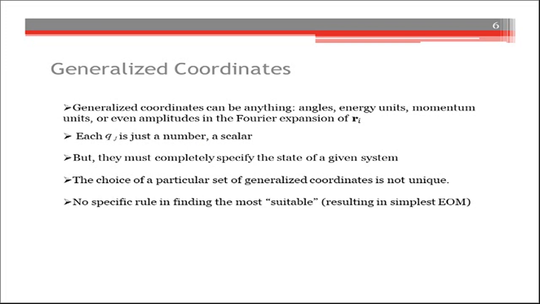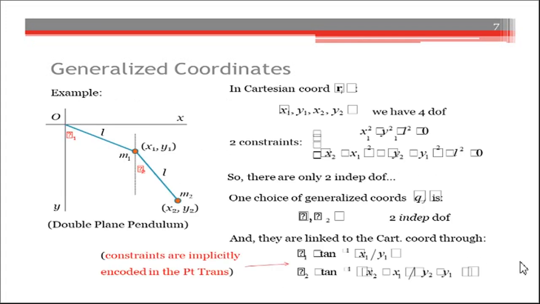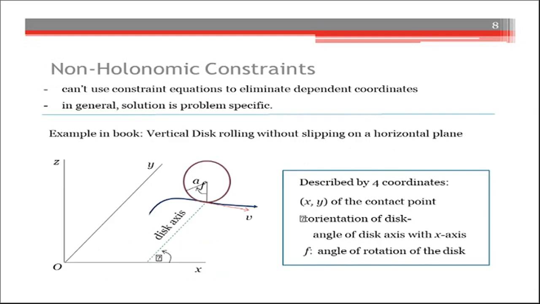Each q_i is just a scalar number, but together they must completely specify the state of the given system. For example, in Cartesian coordinates x1, y1, x2, y2 we have four coordinates, and after solving we get the generalized coordinate equation.